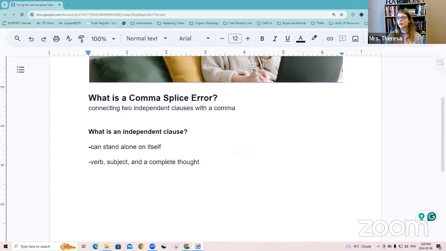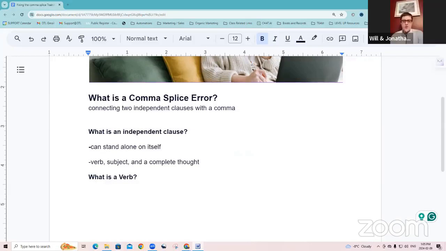So let's start with what's a verb? How would you define a verb? Any ideas? Verbs are actions.